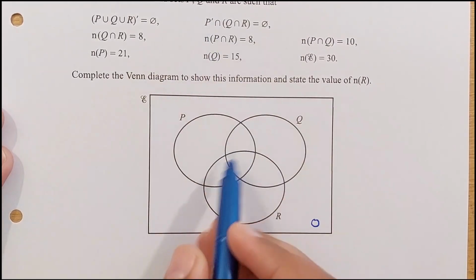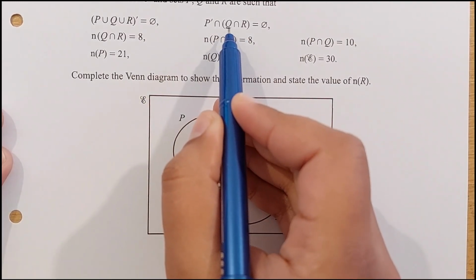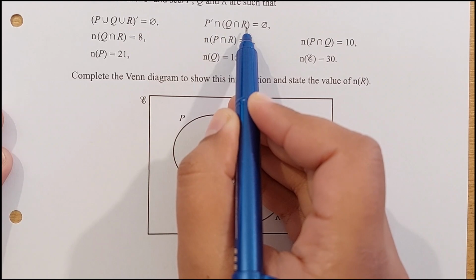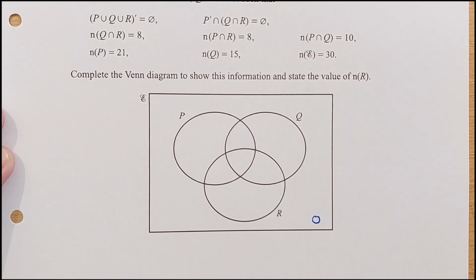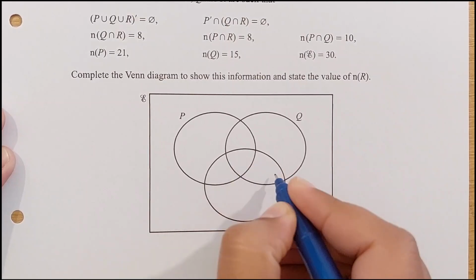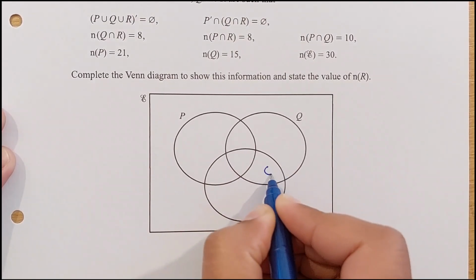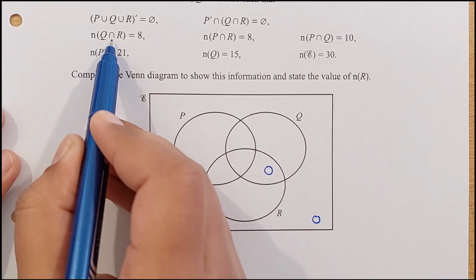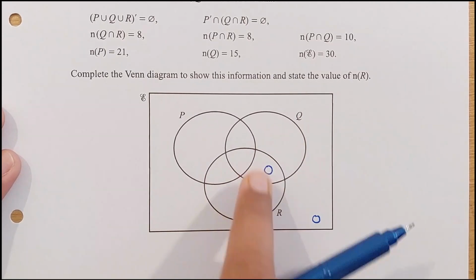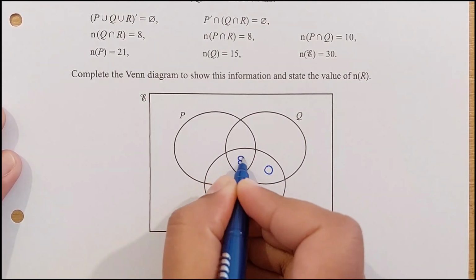Now P complement intersection Q intersection R: this is Q intersection R, and P complement, the region outside of P, is this region. This is also equal to phi, so it is 0. And the number in Q intersection R is 8. So this is 0 and this is 8.